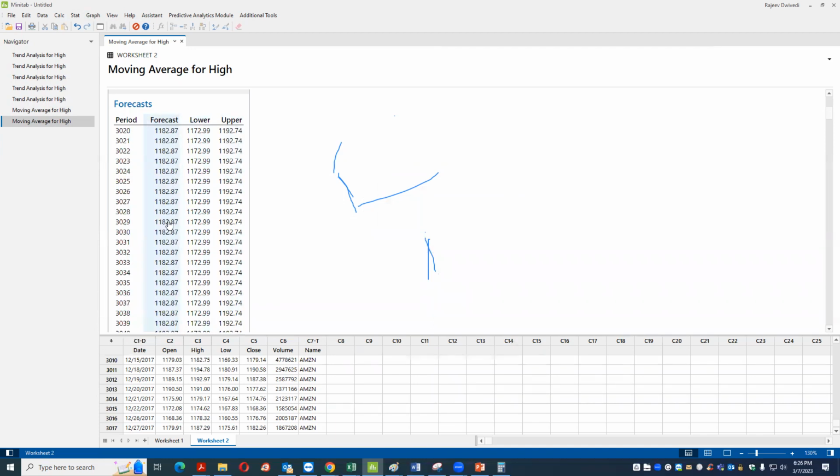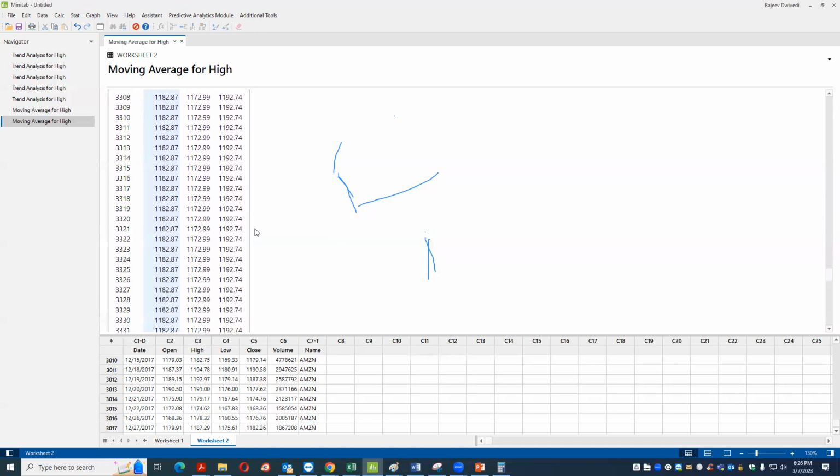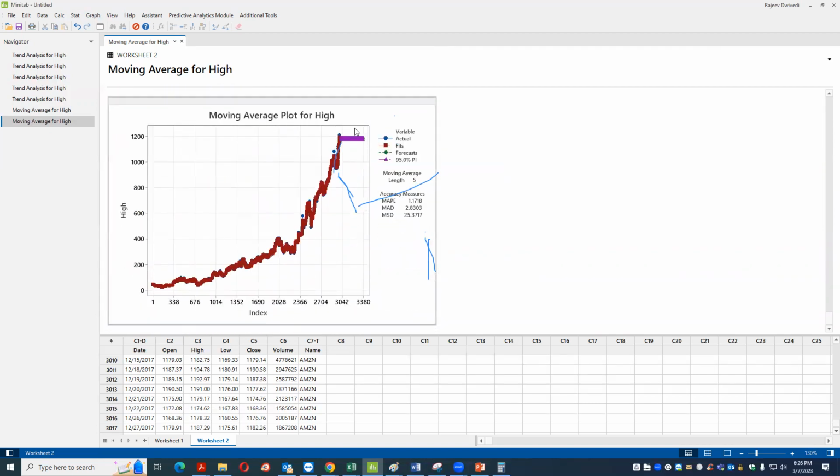Moving average and such methods are for when you have only 10 or 12 data points. For example, you have data from January, February, March, April to December, and you want to forecast next month, then you can do that. You can see all the forecasted values will be the same. So these methods are useful for a very small period of data, like 3 or 4 points, but not for trend analysis, because you can see the forecasted value is saturated at the same value, the same line.